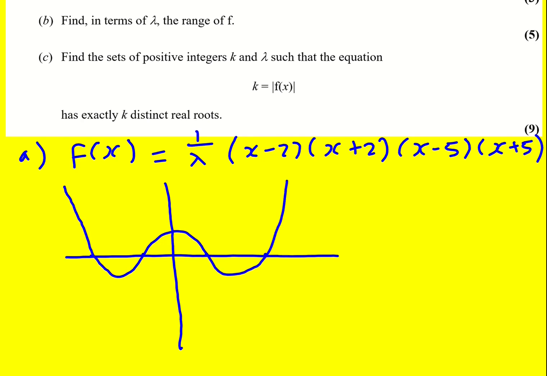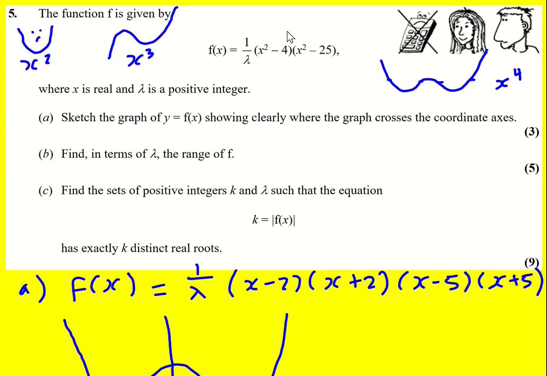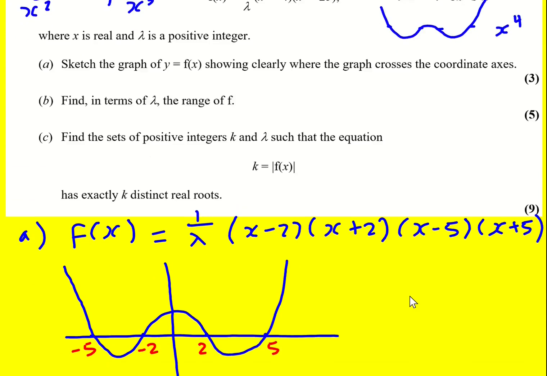So it's going to look a little bit like that. 5, 2, minus 2, minus 5. We get these roots by essentially setting this thing equal to 0, and then you just take the negatives.